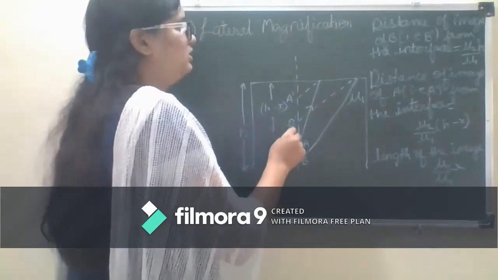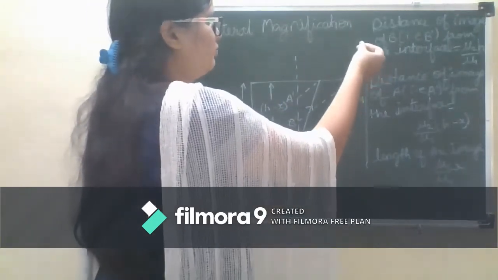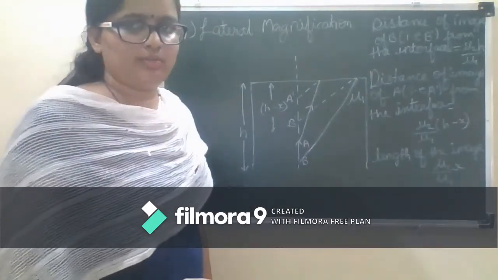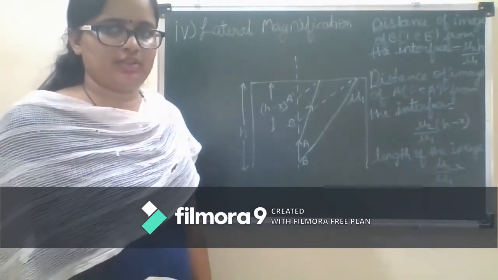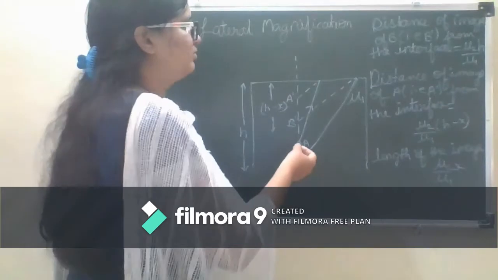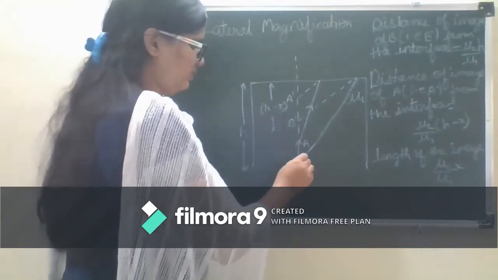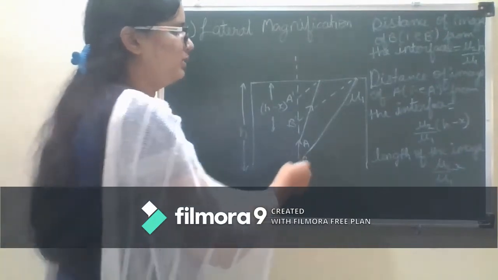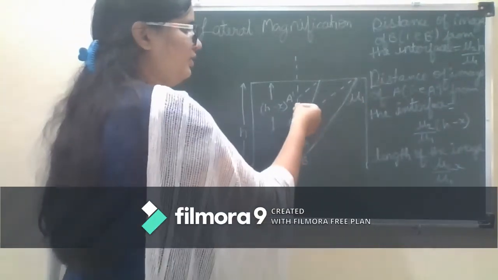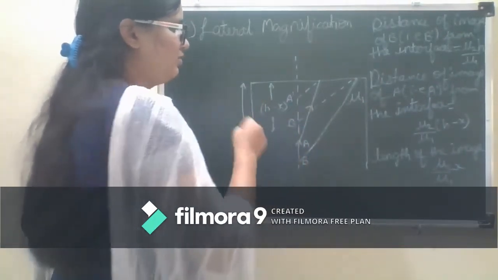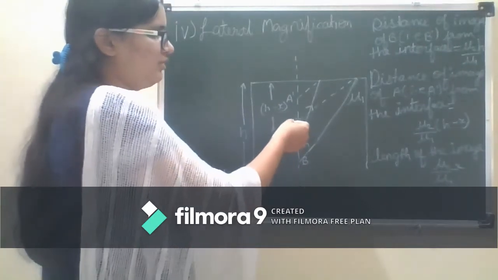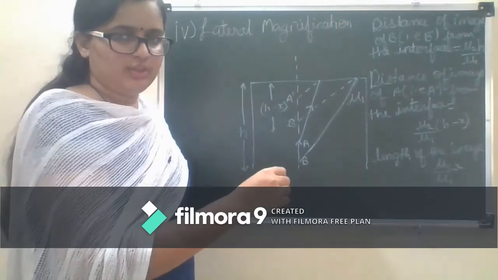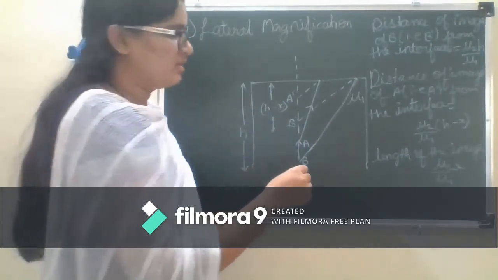In this, the distance of the image of B from the interface is mu2 upon mu1 into h. This is the point B, and the distance of the image of A, that is A dash, from the interface is mu2 upon mu1 into (h minus x).